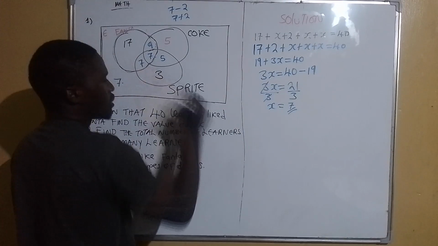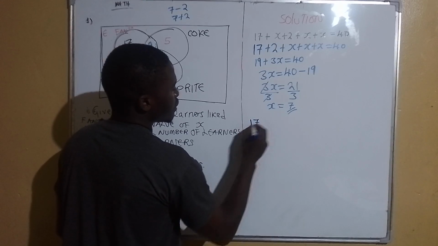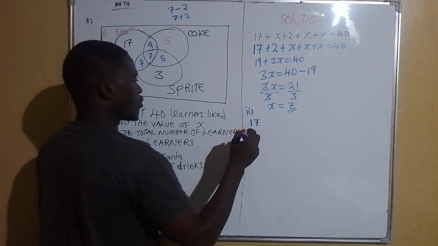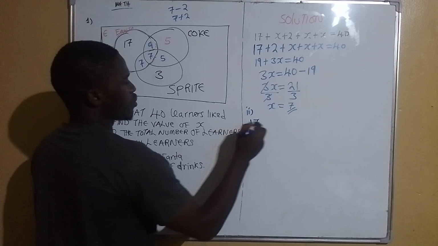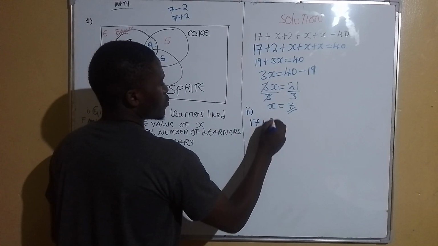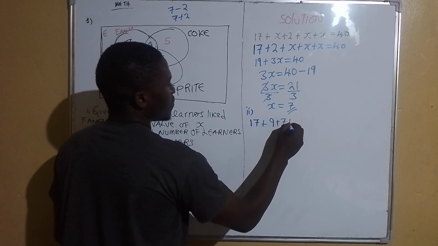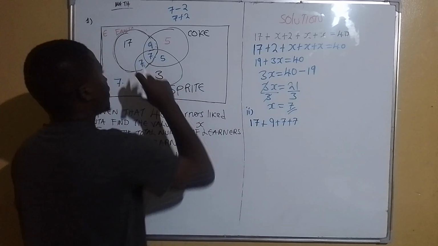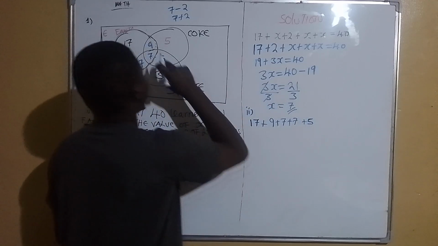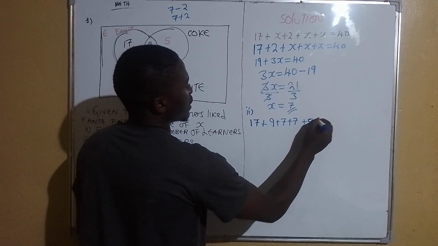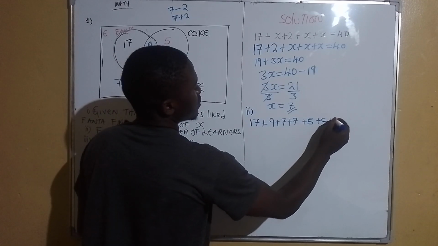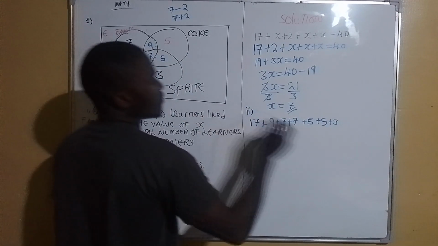So we will start with 17. We are going to have 17 plus 9 plus 7, plus this 7 here, plus 5, plus 5, plus 3, plus this 7.